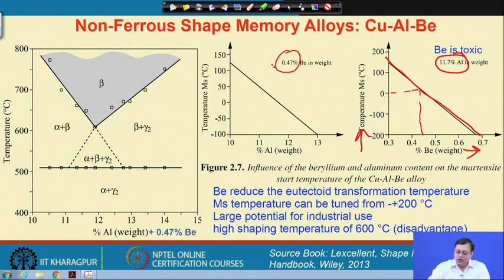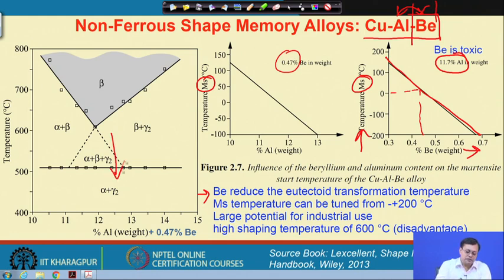Okay. So, the benefit of these copper, aluminum and beryllium systems is that beryllium can be added to tune the MS temperature by alteration of aluminum and beryllium content. On the other hand, beryllium has a large help: it assists in that the eutectoid transformation temperature can be further reduced.